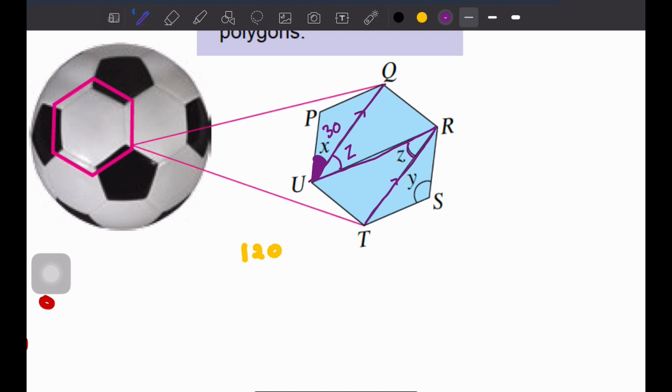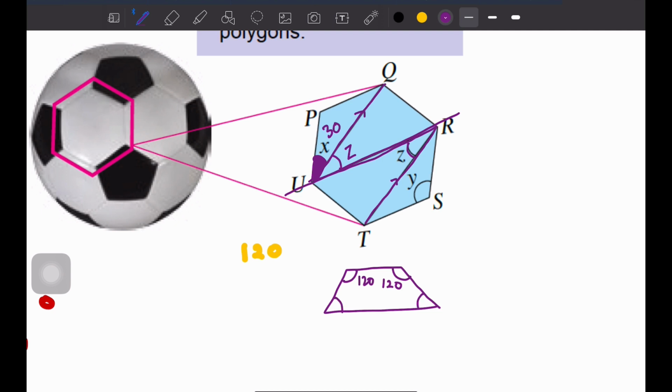Now look, I split this into two. Over here I have 120, and over here is 120. Over here is the same, right?